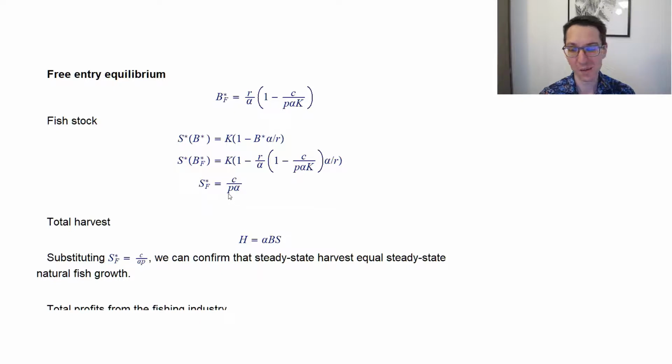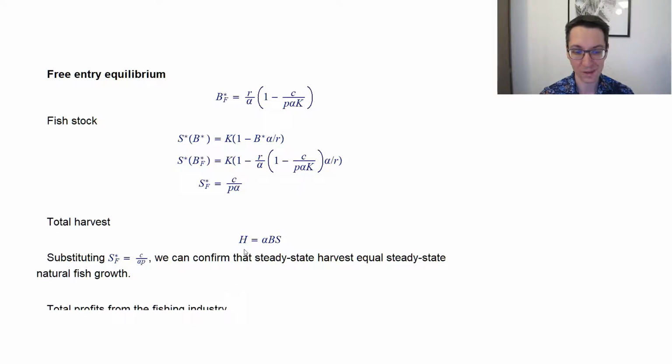The higher the price of a fish, the lower the stock because more boats will want to fish, and with better technology, more fishing boats will try to catch fishes as well and will be successful at it. So that's for fish stock. Now let's look at total harvest.